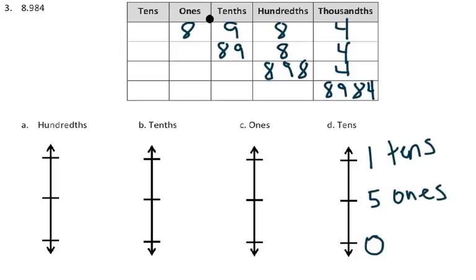Okay. And if I'm looking, I see that I have 8 ones, so I'm actually going to put my 8 right about here. So our number 8 and 984 thousandths would round to 10, or just the whole number 10.